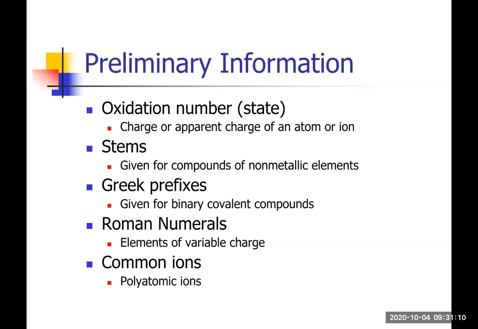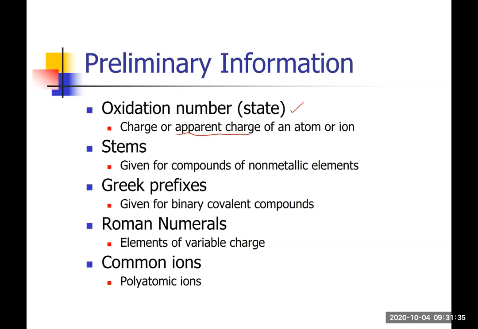We need to go over some preliminary information before we start naming compounds. The first is oxidation state, which you're already on top of. You already know how to calculate oxidation states, the charge, or what we would say is the apparent charge of an atom or an ion as that atom or ion begins to form a compound with another atom or ion.